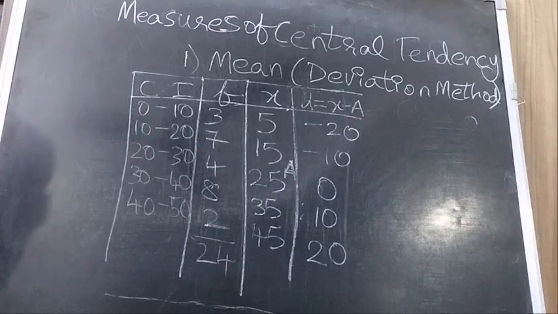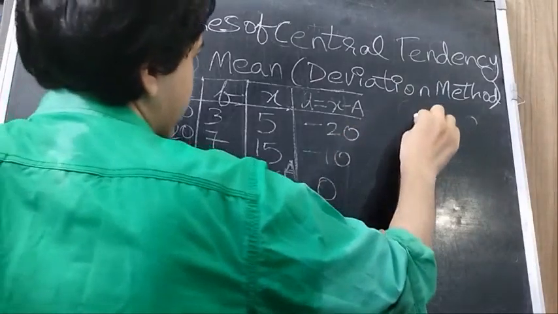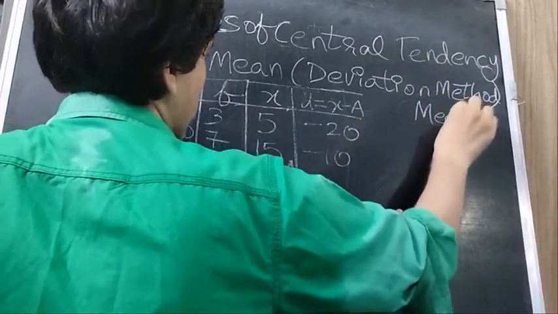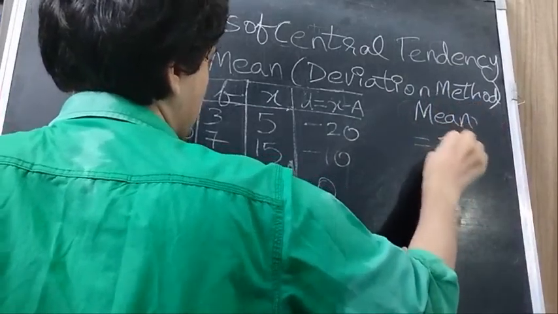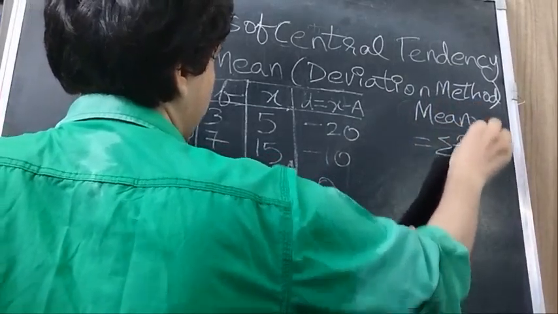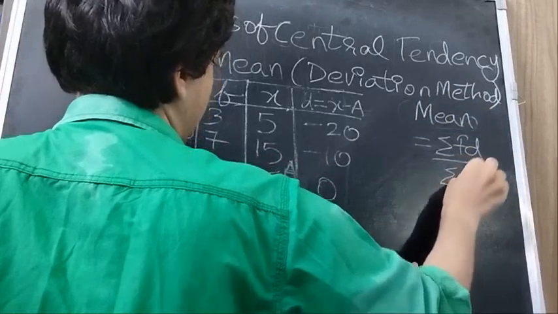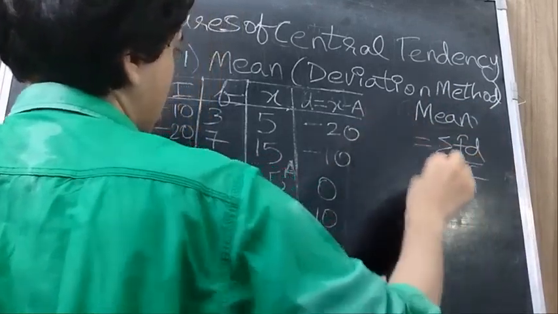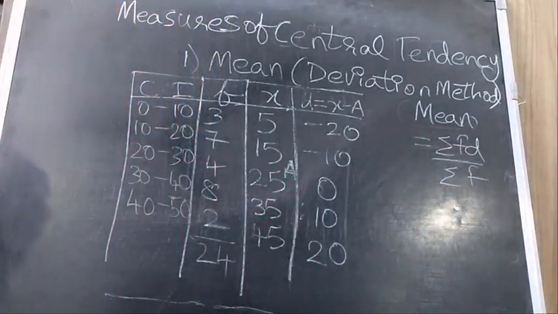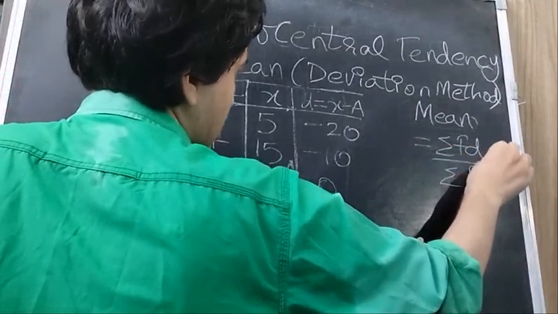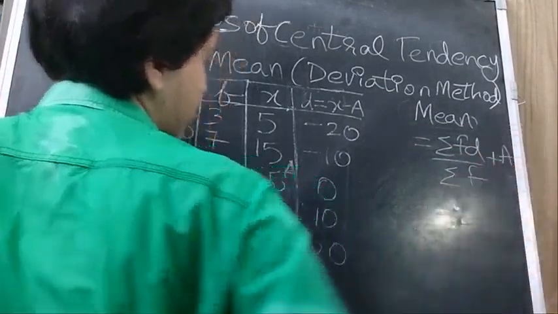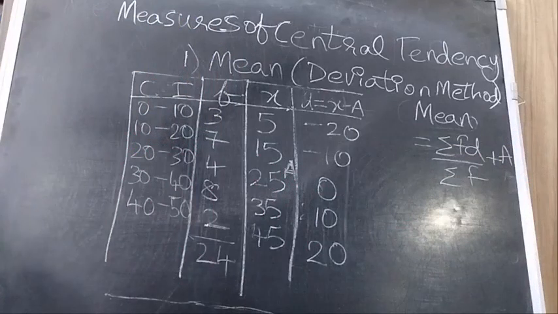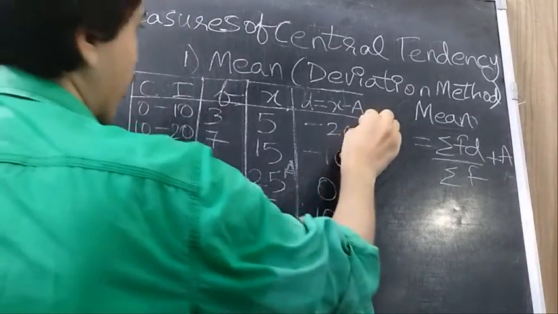The formula in this method is mean equals sigma fd by sigma f plus a. Now you have to find f of d here.